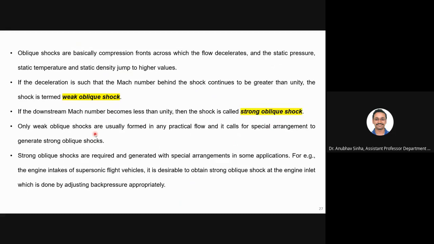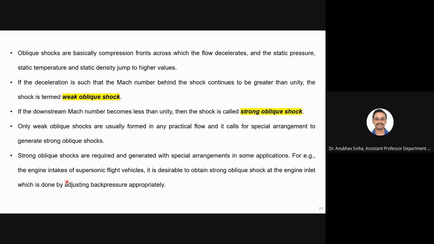Now for practical cases, what are the applications of gas dynamics, where we see that generally weak shocks are formed. Unless you do some extra effort and make sure that a strong shock is there, in most of the practical examples we see that weak oblique shocks are getting formed.